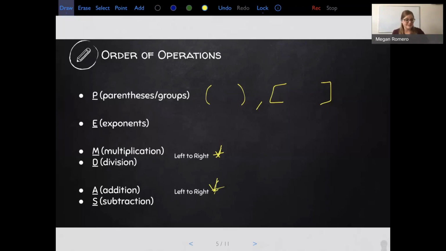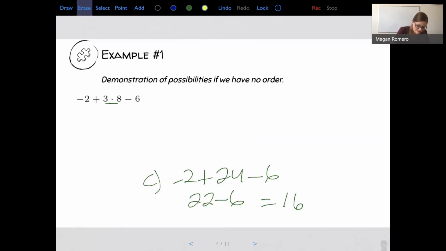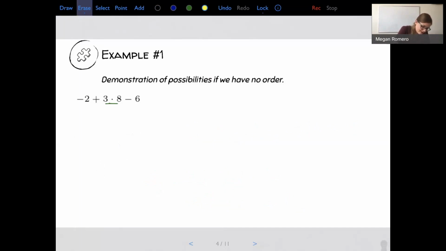Before we get into some examples, let's go back to this one. Now that we've talked about the order of operations, let me erase this, and we'll talk about the correct way to simplify this. Okay, so here's what's correct. We would start with our parentheses or our groups. There are none.